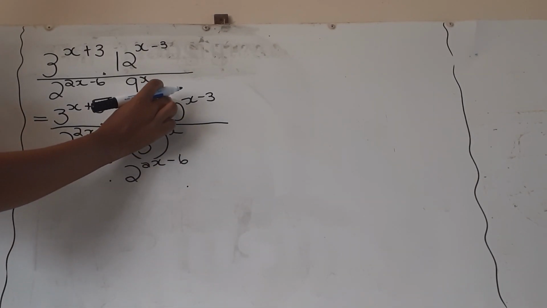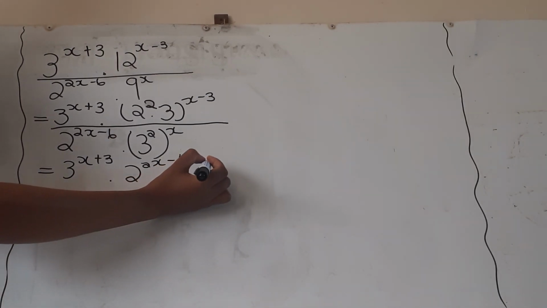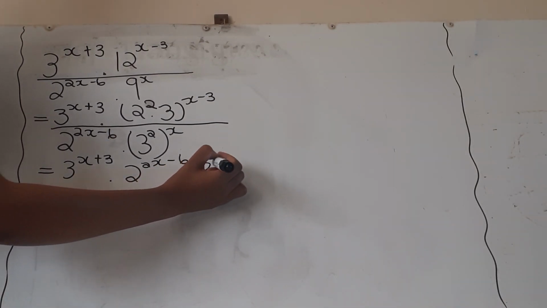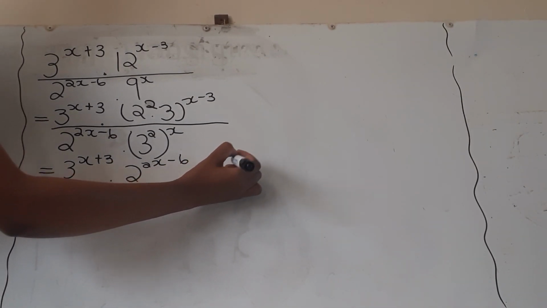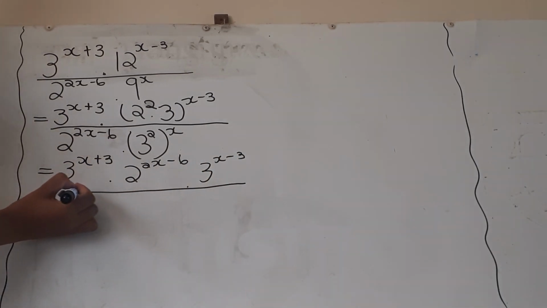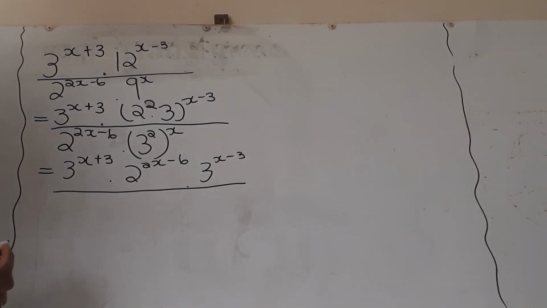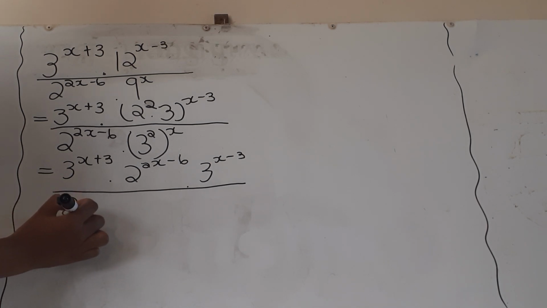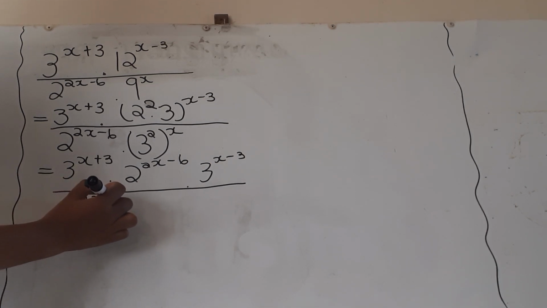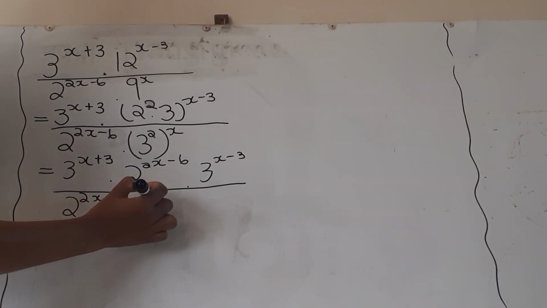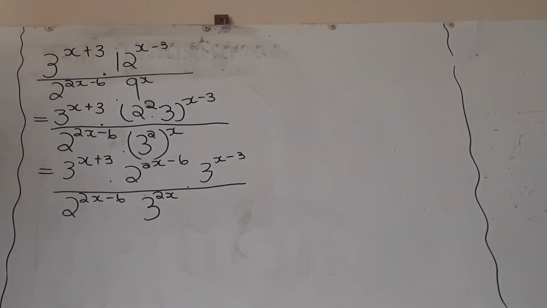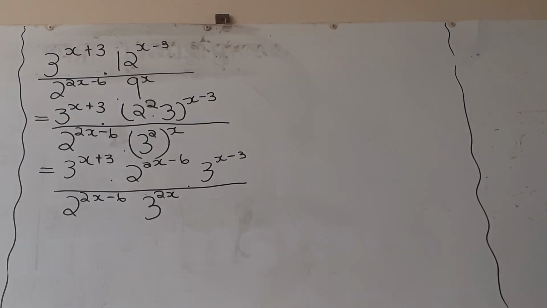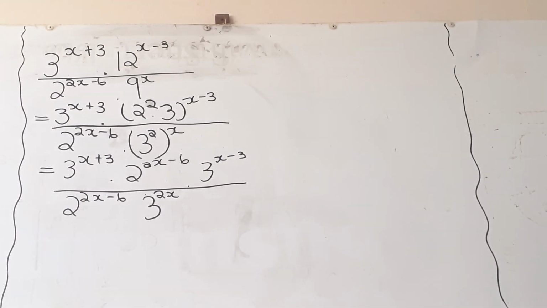Then 3 is just 1 up there, so it will be 3 to the power of x minus 3. This will be all over 2 to the power of 2x minus 6 times 3 to the power of 2x. So we have simplified this expression further.